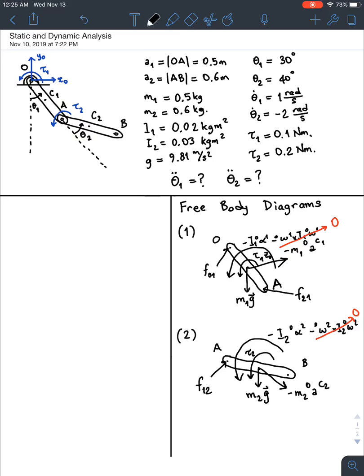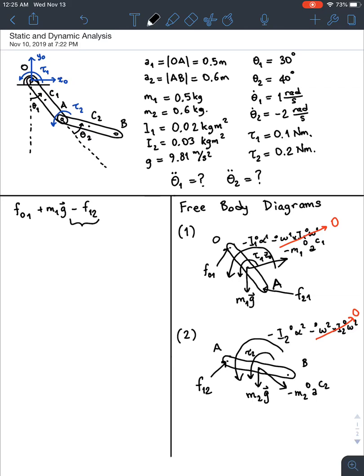Now, I'm going to write the Newton-Euler equations for the first rigid body and the second rigid body, right? So, the force balance on the first rigid body tells me I need to have F01 plus m1 g minus F12. Why?